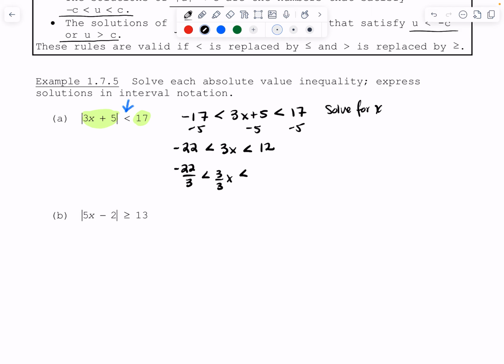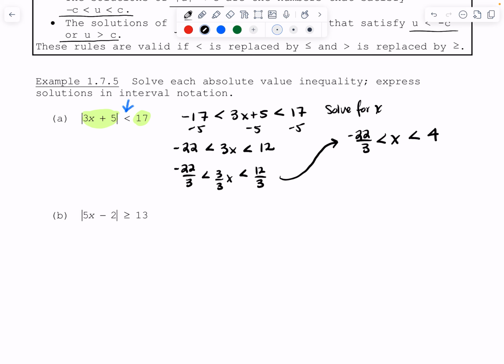So I get negative 22 divided by 3, which is less than 3x divided by 3, which is less than 12 divided by 3. So I get negative 22 thirds, which is less than x, which is less than 12 divided by 3, which is 4. And that is my solution.